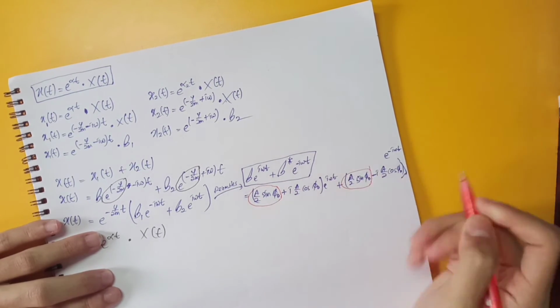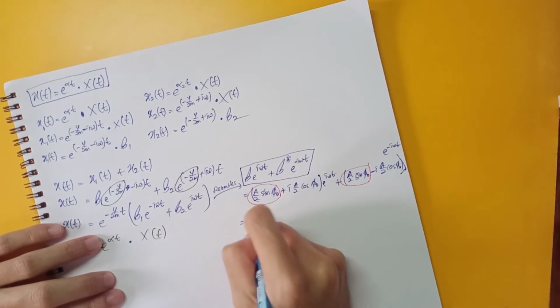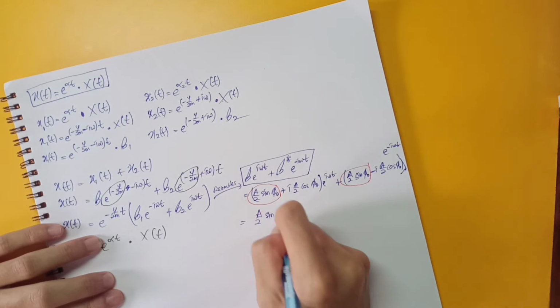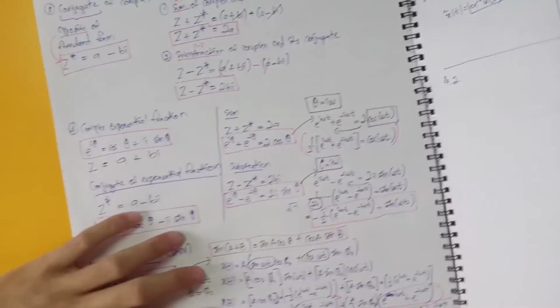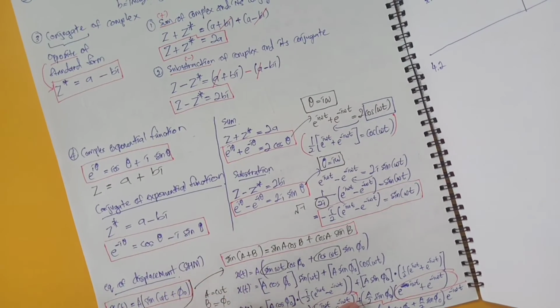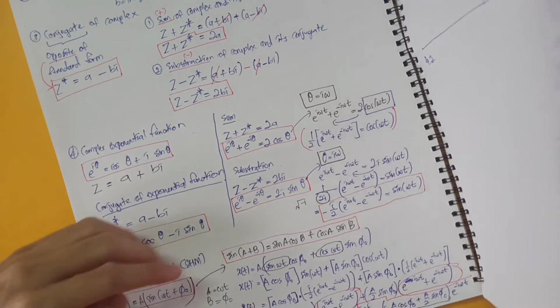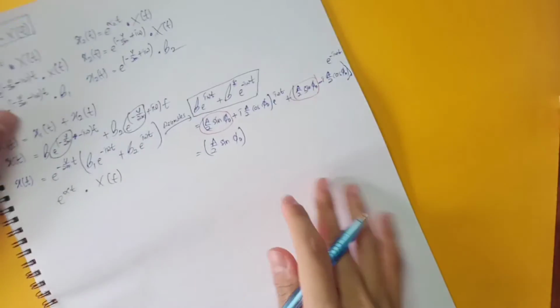So we found that it is equal to a over 2 sine pi naught. Hold on, I need to look back. I have to copy that. A over 2 sine pi naught. Each one of them gets a different value here.